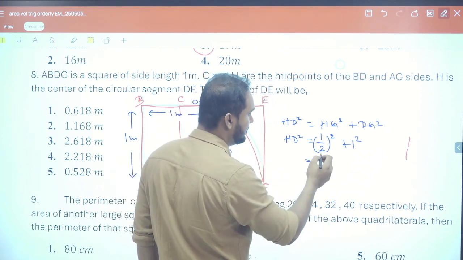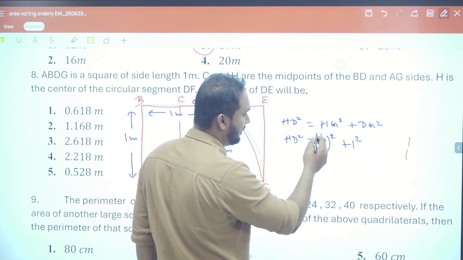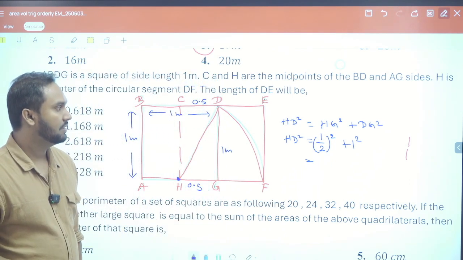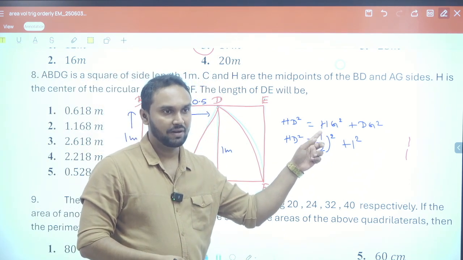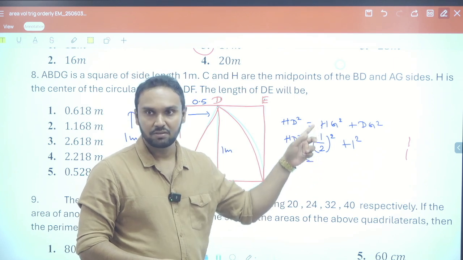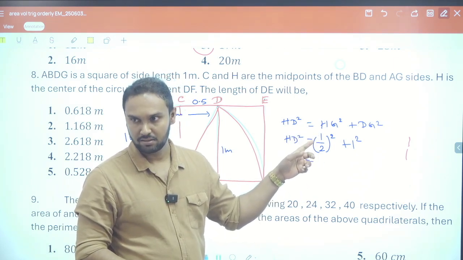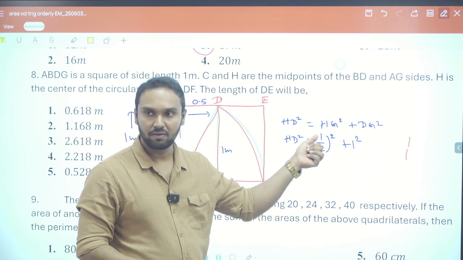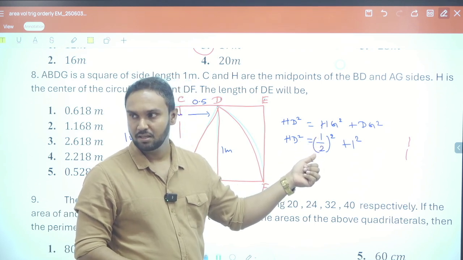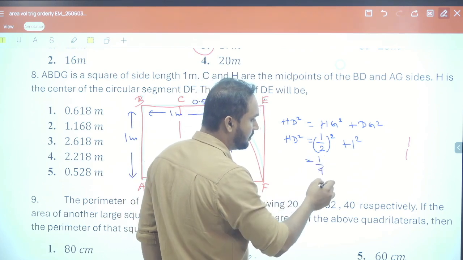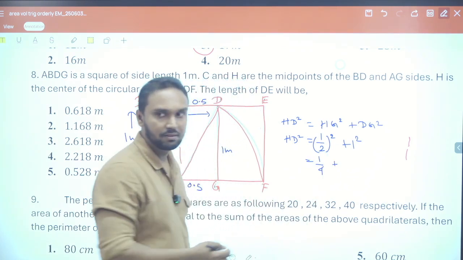If you simplify this, when you put a fraction into a power, both the values will be squared. So 1 squared is 1, and 2 squared is 4. So it's 1 over 4 plus the square of 1, which is 1.